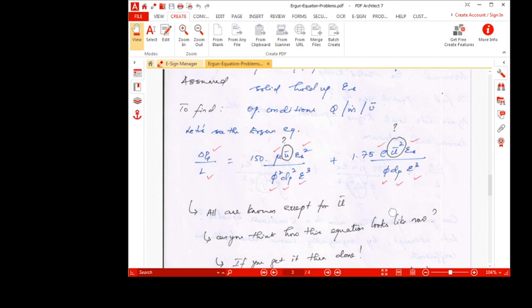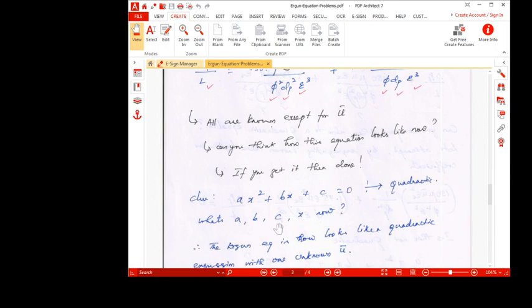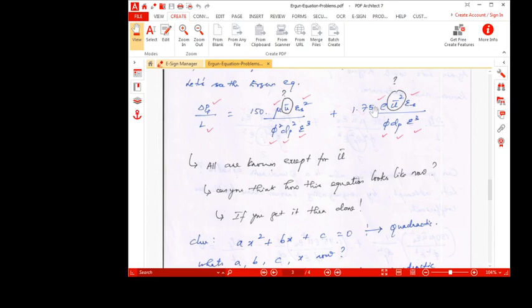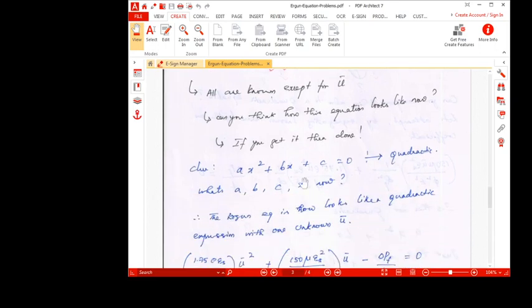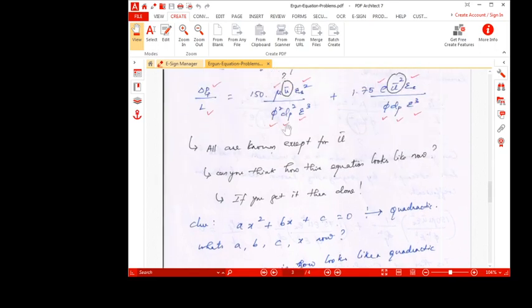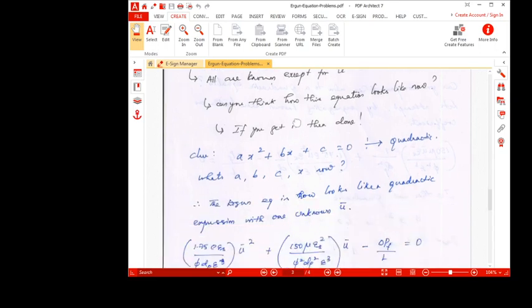Now if you have rearranged the equation in the form ax squared plus bx plus c, it should look something like this. I have collected all the terms together with the square of the velocity: 1.75 rho epsilon s divided by 5 dp epsilon cube is this term, and the next term is 150 mu epsilon s square divided by 5 square dp square epsilon cube.